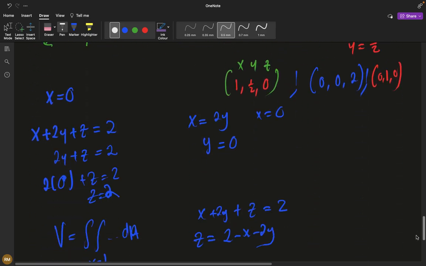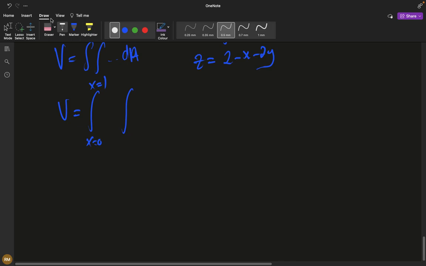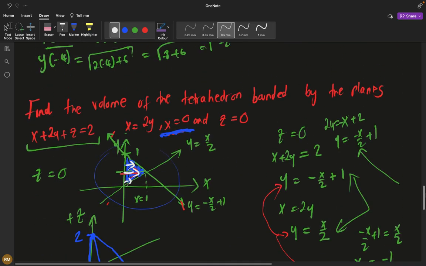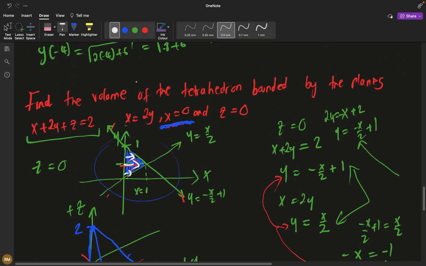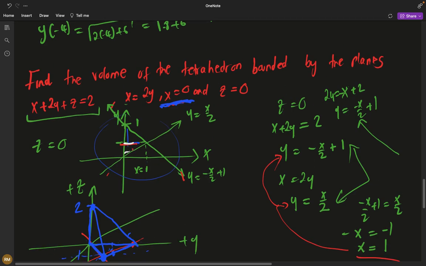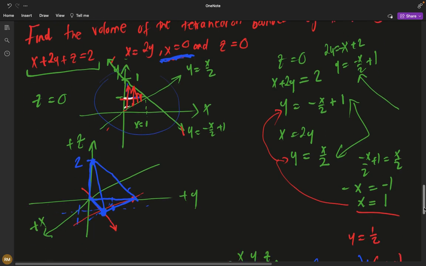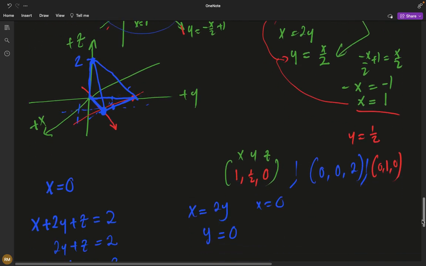So we need to move from here going up, because it's just one function, one function to another function, not two functions actually.